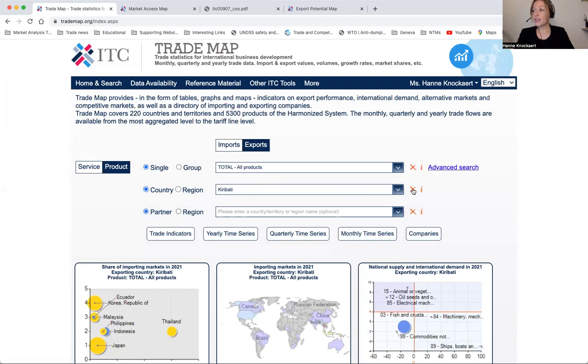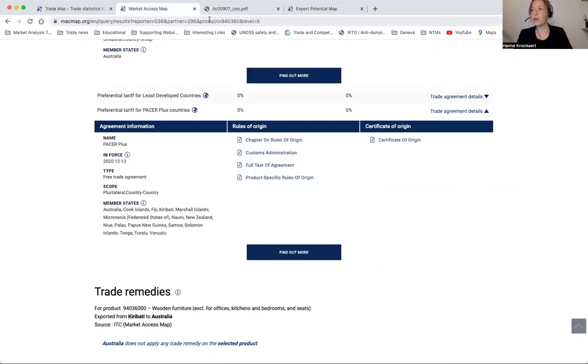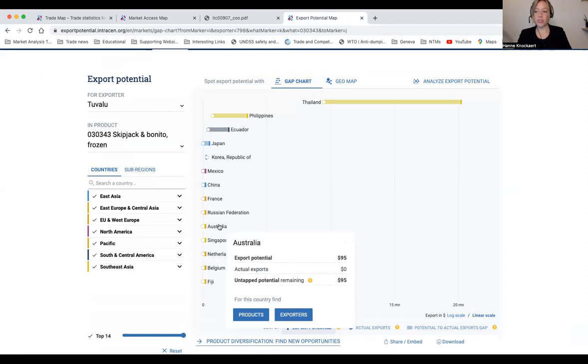So actually that is what I do. We looked into potential markets. We do see that Australia is in this top 14 list of potential markets for Tuvalu.